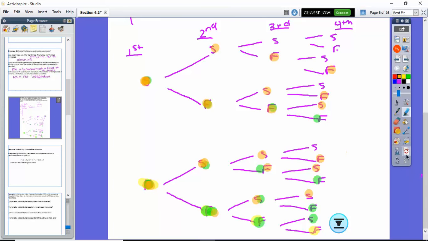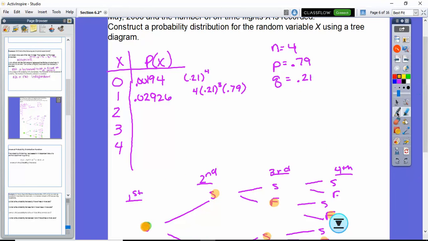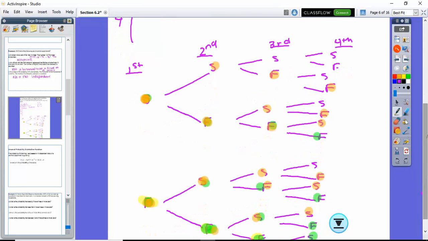Or you could be late, late, on time, on time. So 6 times would work out where you were on time twice, so what's the probability of being late? And that happened twice, and you were on time twice, so that's 0.79 squared. And we get 0.16514.